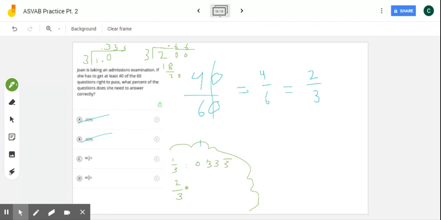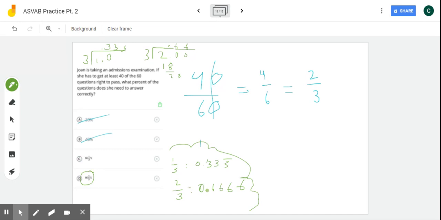So if we do 2 divided by 3, we get 0.66666 repeating, and so on. So 2/3 is equal to 66 and 2/3%. Because if I did 2 divided by 3, it would be 0.66666.